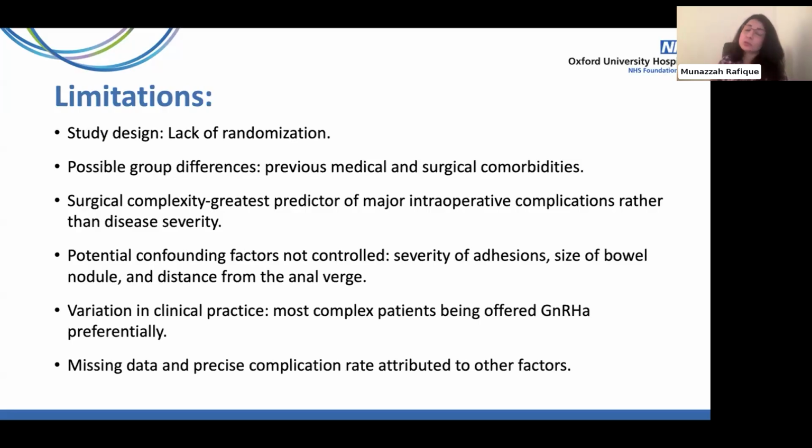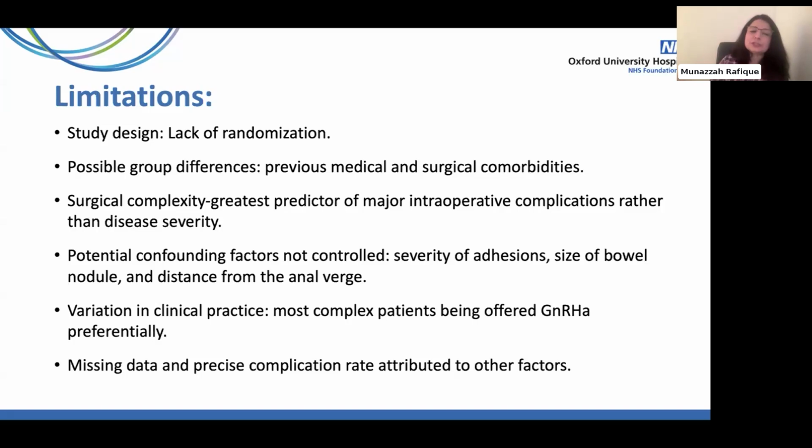Some of the confounders we can't control were the severity of adhesion, size of the bowel nodule, and distance from the anal verge. There might be some clinical variation because most complex cases have been offered GnRH preoperatively.